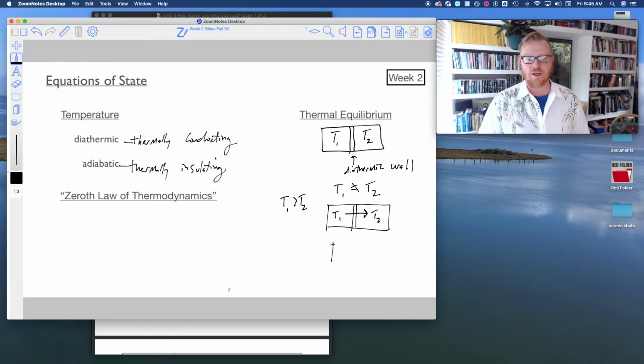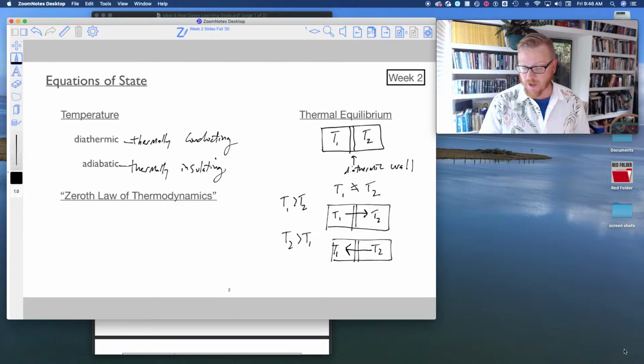And of course, if it's the opposite of that, if T2 is greater than T1, then heat will flow from the hot object to the cold object, okay?